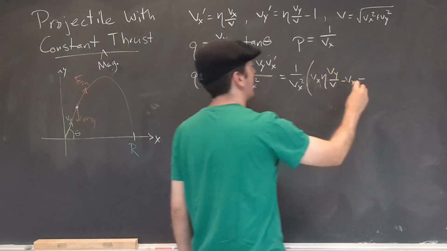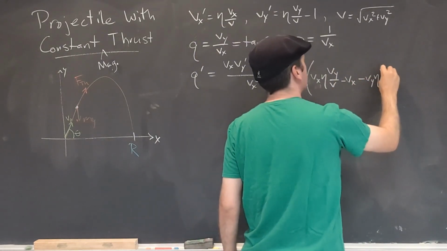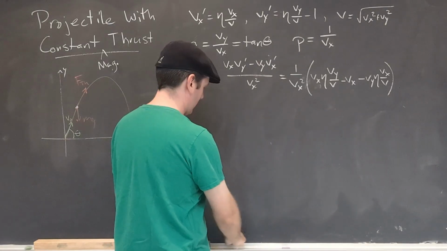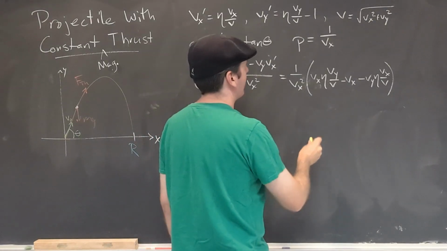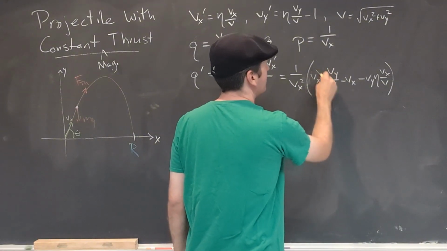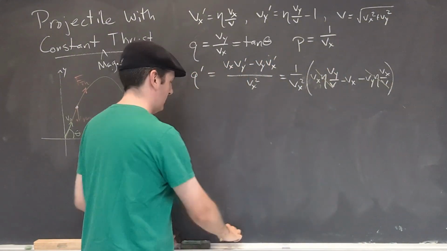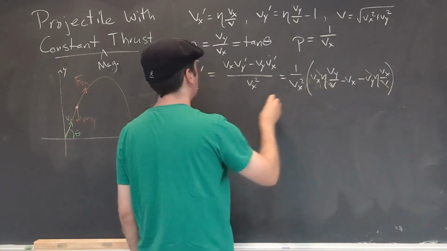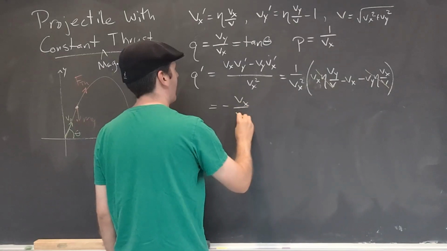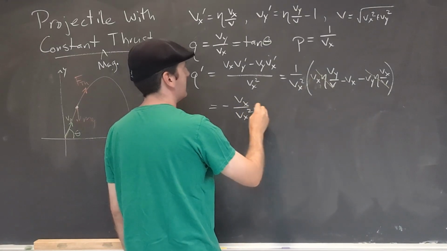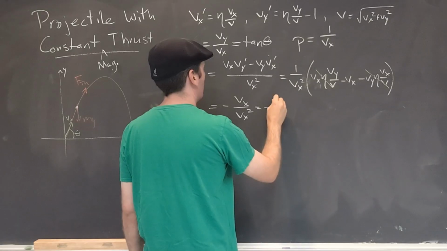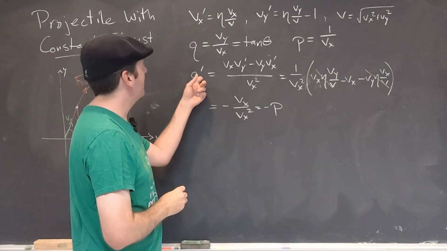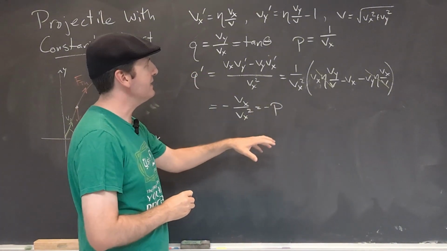Well, that's Vy eta Vx over V. And we notice something kind of nice here. The Vx Vy terms actually cancel. And we're left with just minus Vx over Vx squared. Or, in other words, minus P. So that's kind of interesting. The derivative of Q is minus P.